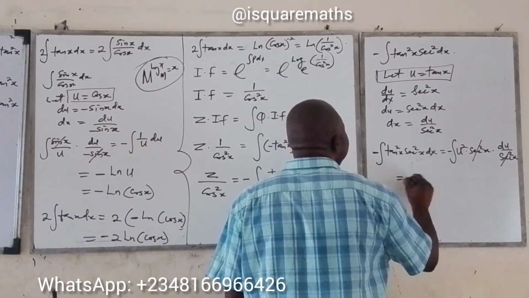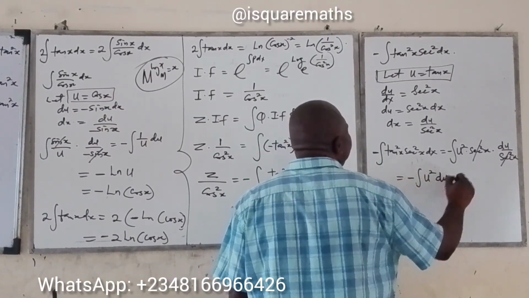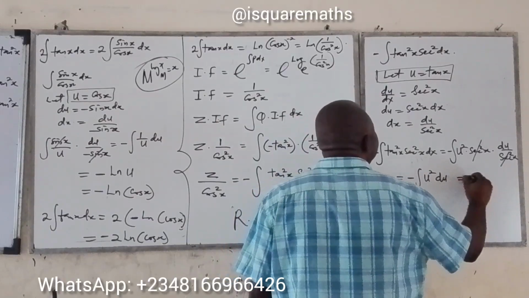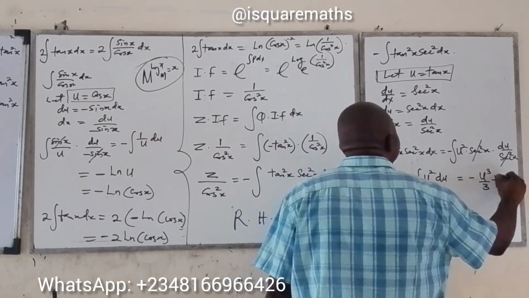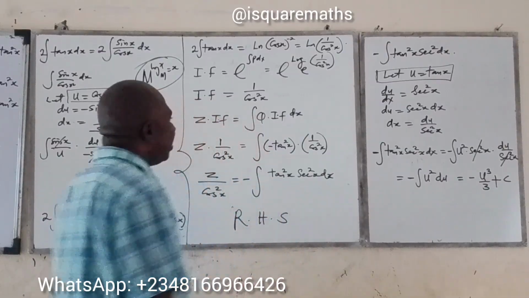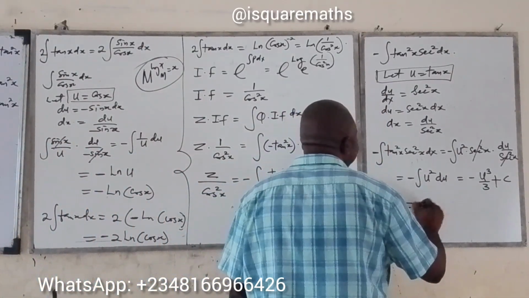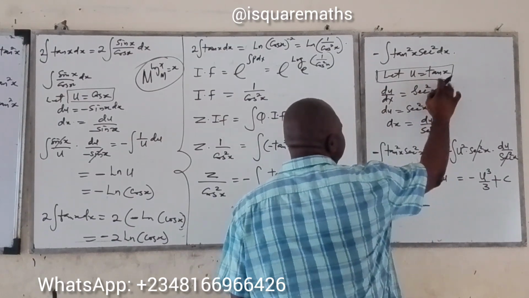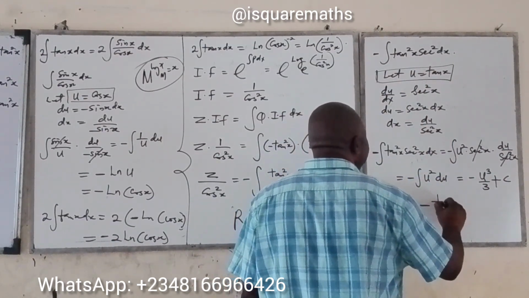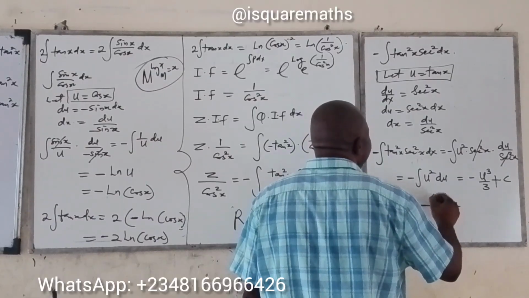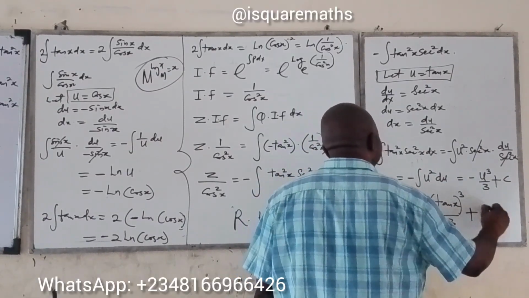We'll be left with minus integral u power 2 du. When you integrate this, that will be minus u power 3 all over 3 plus constant. And remember, we said u is equal to tan x. So that will be minus tan x all raised to the power of 3 all over 3 plus c.